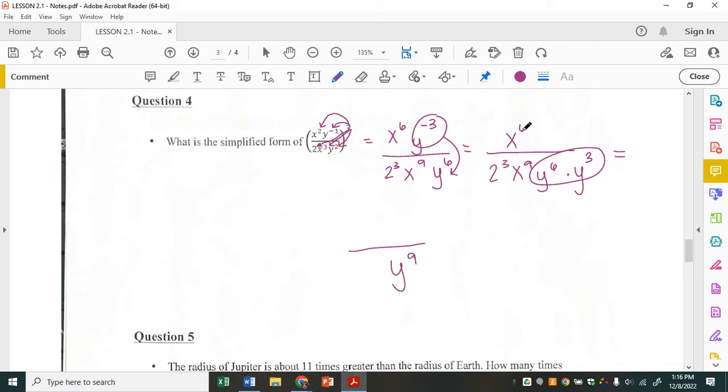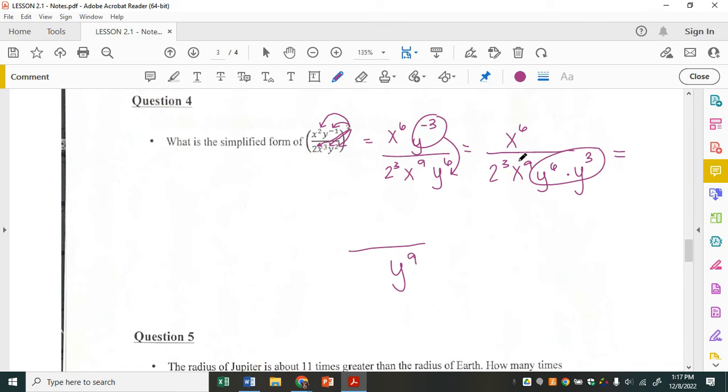What about x to the 6th over x to the 9th? What do I have to do to those exponents to combine them? If I had a fraction where I had one on the top, one on the bottom, what do I have to do to those exponents? Subtract them. So 6 minus 9 is -3.